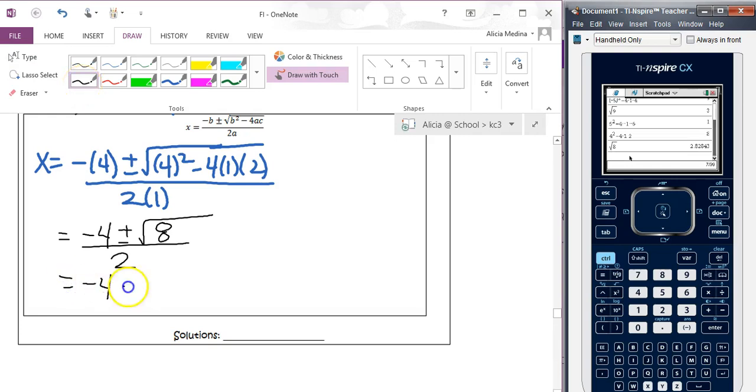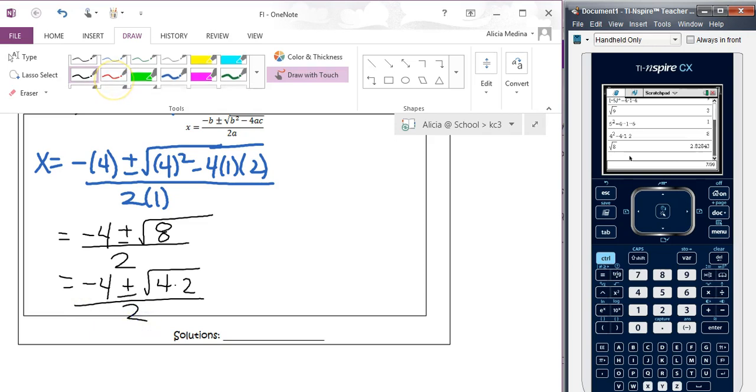Bring over my negative 4 plus or minus. 8 can be broken down, if we find that perfect square within it, to be 4 times 2. And we can remove that perfect square, which is a 4. So, moving this on over, my x is going to equal that negative 4 plus or minus.